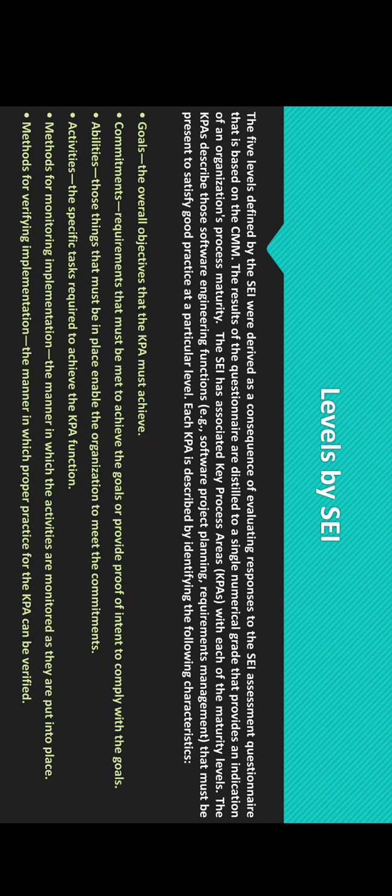I hope you all remember what is the abbreviated form of CMM. It is Capability Maturity Model. The results of the questionnaire are framed in such a way that a single numeric grade is provided, which gives an indication of the organization's process maturity.